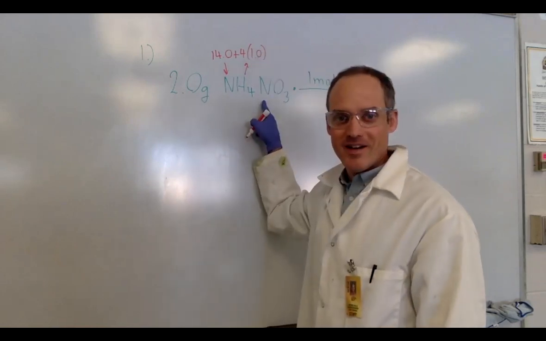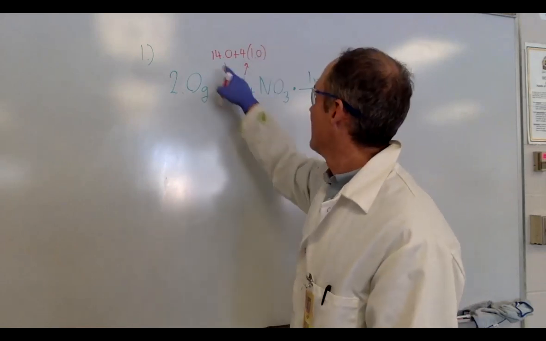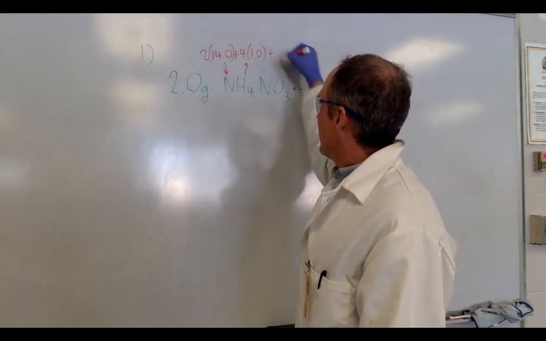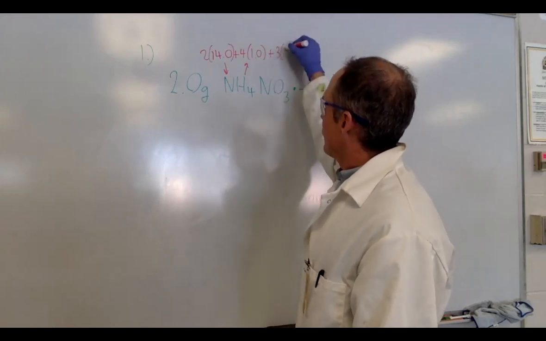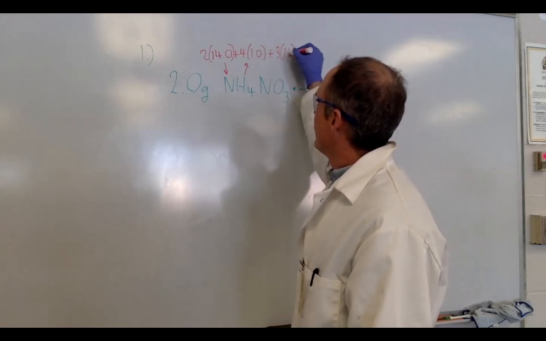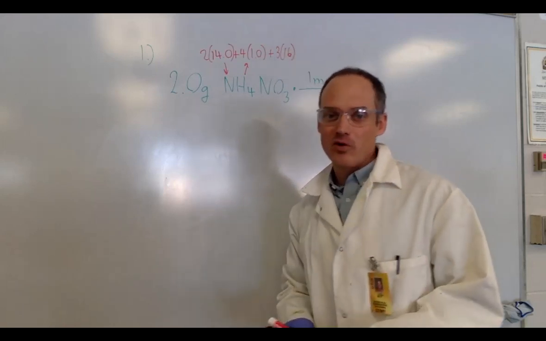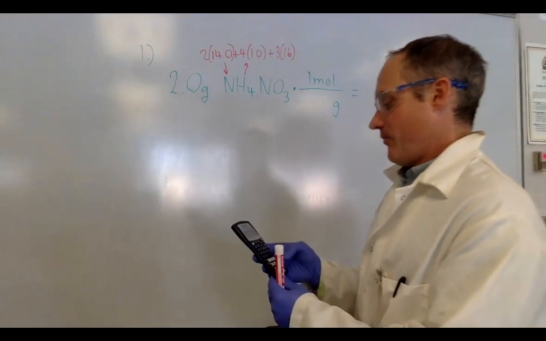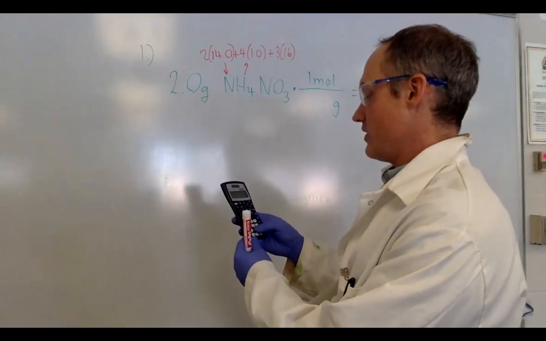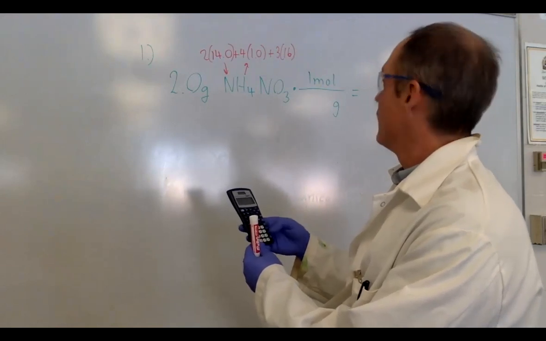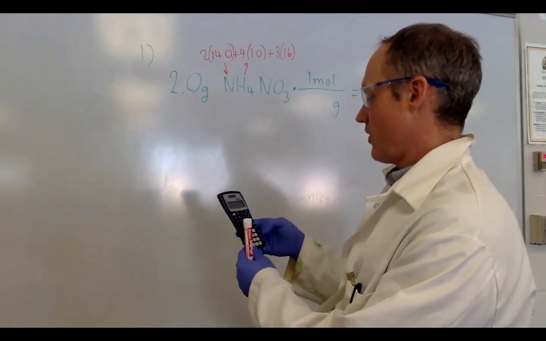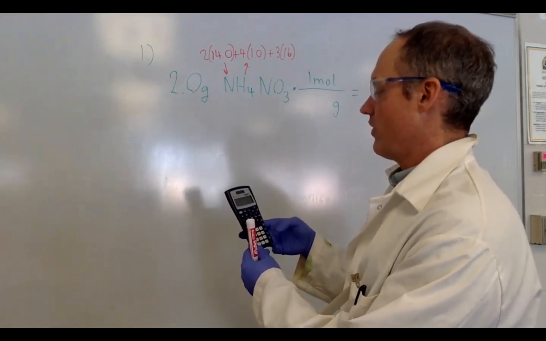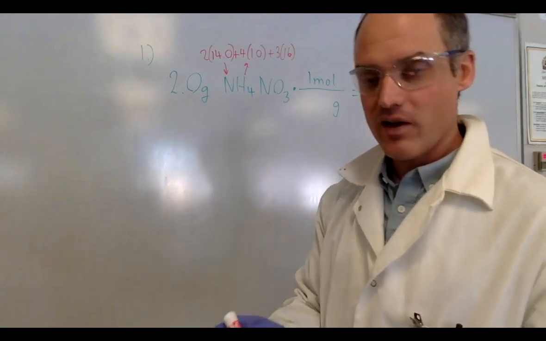Oh, whoops, we got another nitrogen over here. So let's do 2 times 14 for those 2. And then lastly, we have oxygen, which is 16 grams per mole on the periodic table. Adding that all up, with the 2 nitrogens, 4 hydrogens, and 3 oxygens, we have a formula mass of 80 grams.